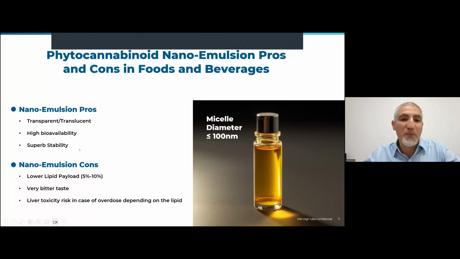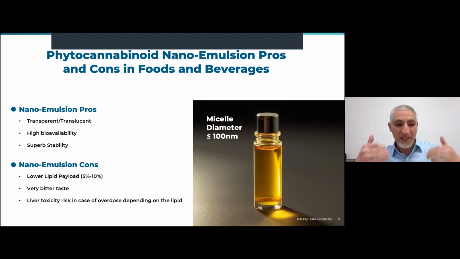Also, if your lipid is bitter and you nano emulsify it and put it in your mouth, it'll be even more bitter. Higher bioavailability, it gets to the bitter receptors much faster, and there's a bigger surface area. The smaller the particle size, the larger the surface area, and that's why the bitterness comes through a lot more.